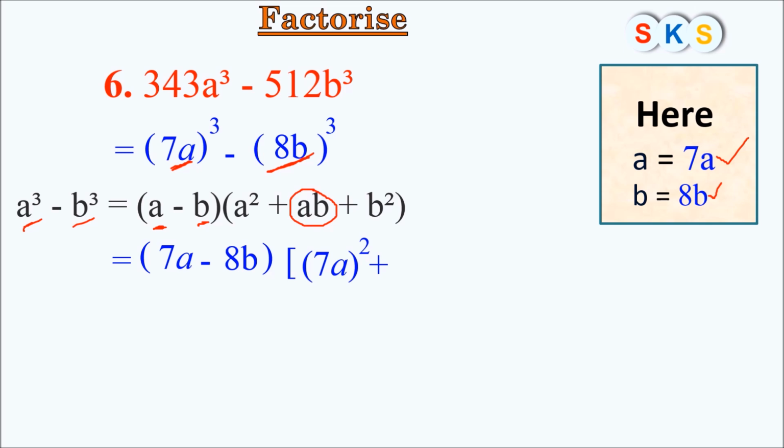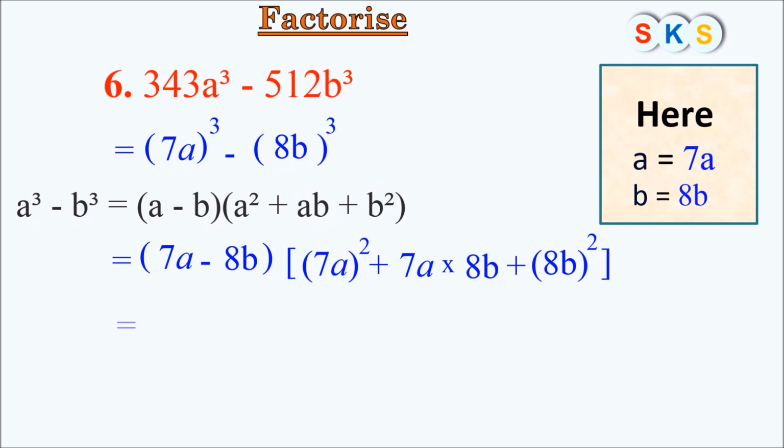So what is the value of a? 7a. And what is the value of b? It's 8b. So we will write this as 7a into 8b plus, the last term of the second bracket is b square, correct? So we will replace b by 8b. So we will get here 8b the whole square. Close the bracket. After substituting the value of a and b in this formula, we will go for further simplification.